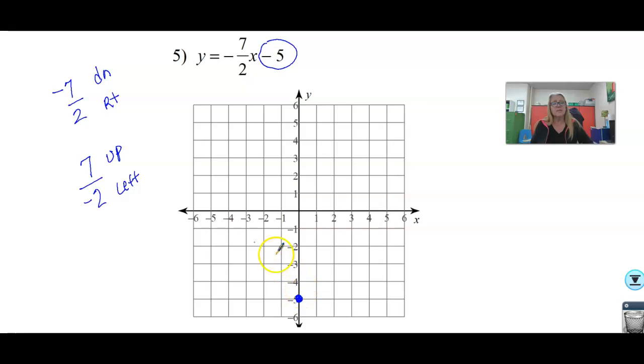That's why it's important for you to know that with a negative slope, you can put the negative on the top number or the bottom number. It's up to you, whatever one works best for your graph. In this graph, we're going to have to use this one. So we go up 7, 1, 2, 3, 4, 5, 6, 7, and then left 2. Oh boy, this is going to be an interesting one to draw. There's a very long stretch in between points. I'm terrible at this, but you would use a ruler or something.